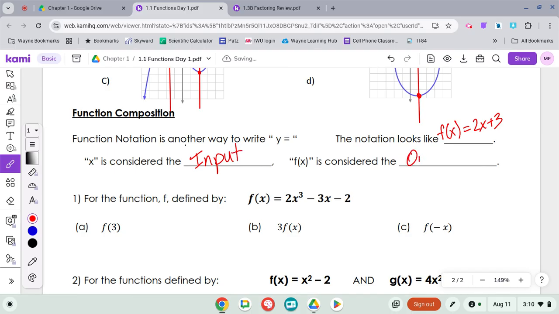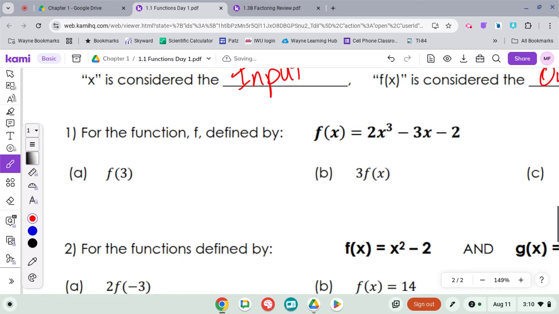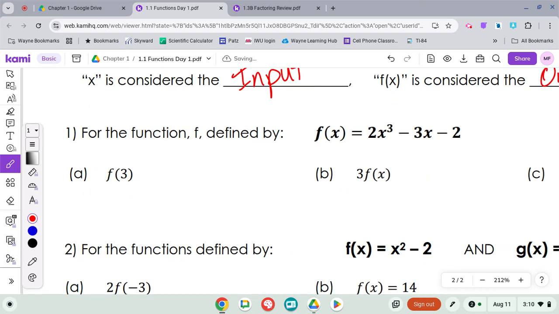The reason f of x is the output is because as x changes, it causes f of x to be different depending on the equation or the function. So if we look here, we have a function f, which is defined as f of x equals 2x to the third minus 3x minus 2. If we look here, f of 3, okay, we've got to think about what that means. So instead of f of x, now it's f of 3.